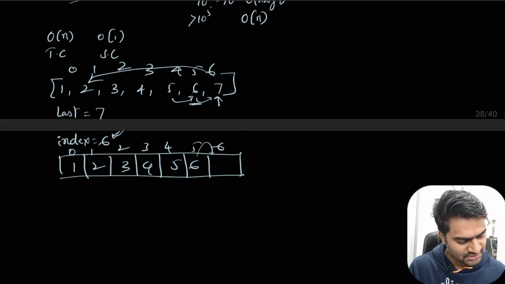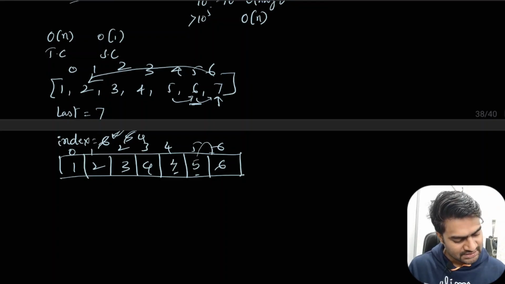Next I'll come to the next index, which is 5, and move this number here. So I will remove 6 and move 5. Next I will come to the fourth index, and move 4 here. Next I will go to the third index, then I'll move its previous number.